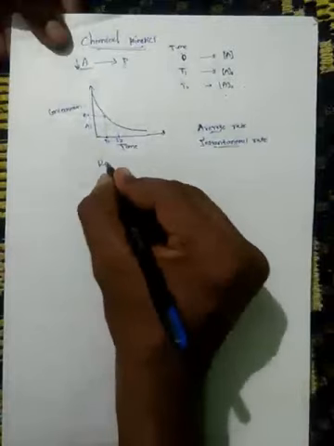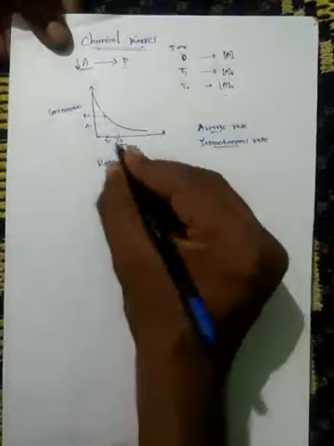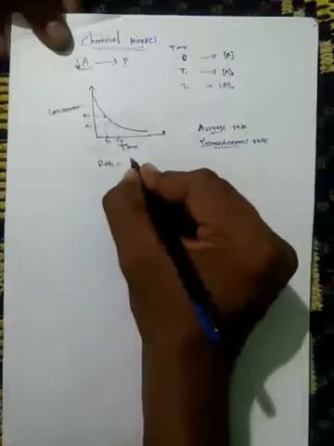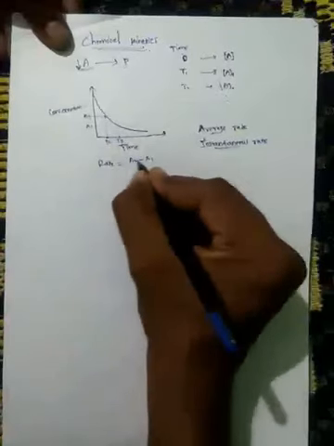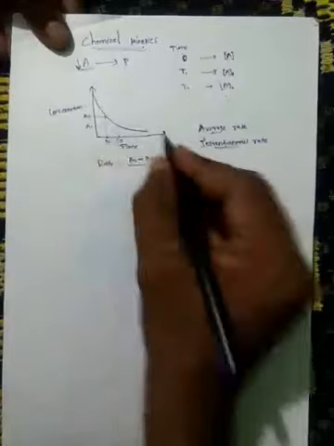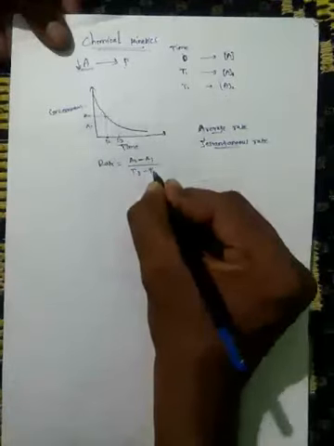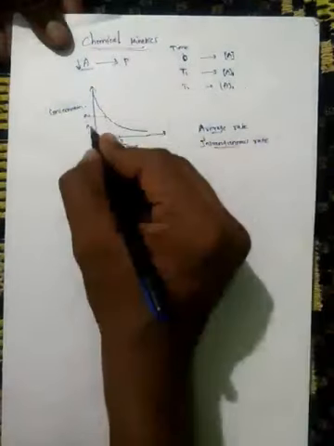I know rate is defined as change in concentration. The change is actually A2 minus A1, with the time interval T3 minus T2.